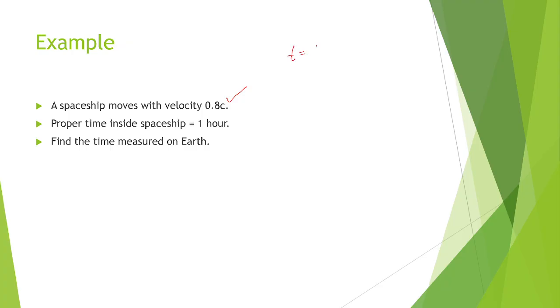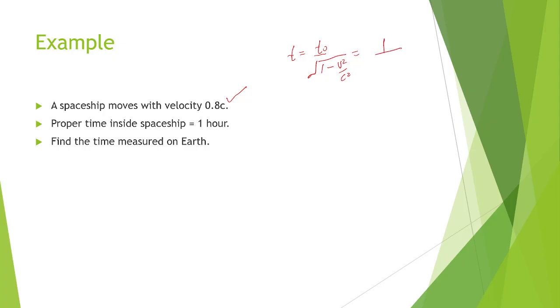So the time on Earth should be t is equal to t naught over the square root of 1 minus v squared over c squared. So let's put the values.